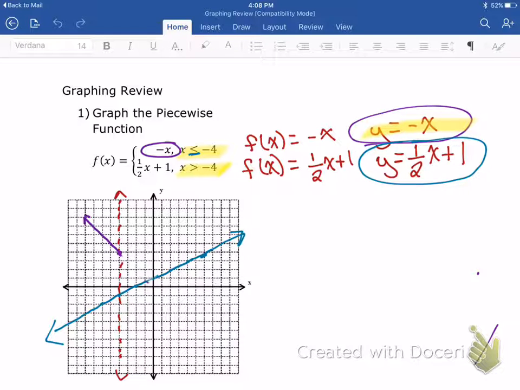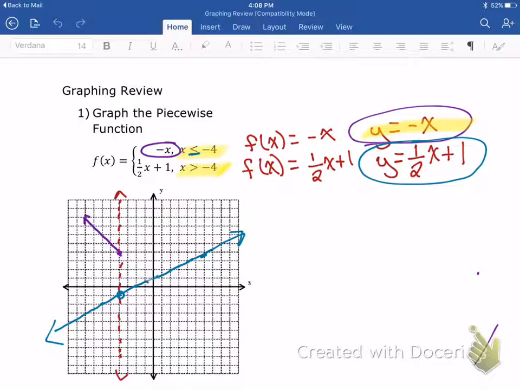Now we're going to hop down to our second function, which is f of x equals 1/2 x plus 1. That is the function that we are going to use when x is greater than negative 4. In our first function, f of x equals negative x, we already had a solid dot at negative 4. Because this is x is greater than negative 4, we are going to have an open circle where x is negative 4. So we're just going to signify that with a circle right there.